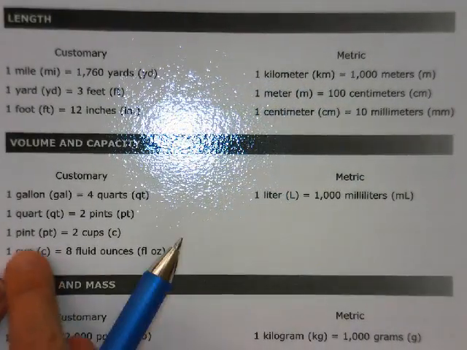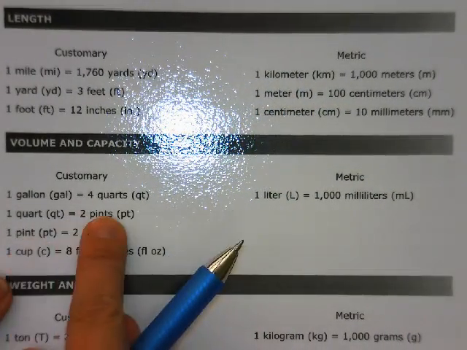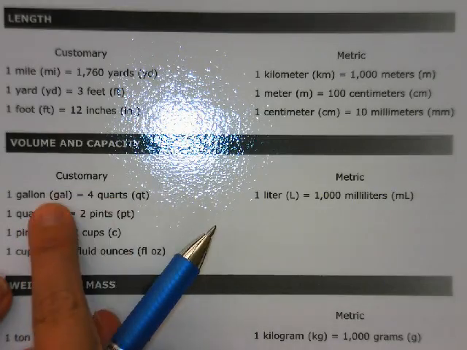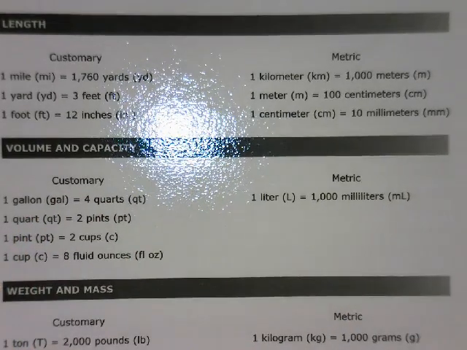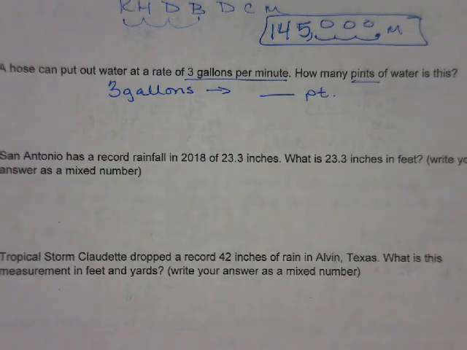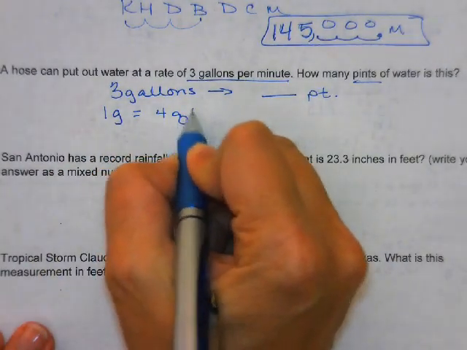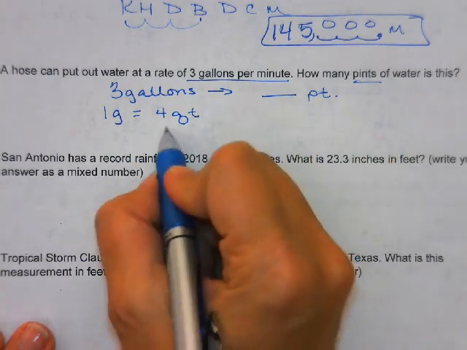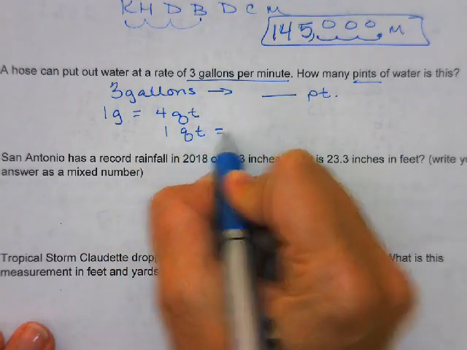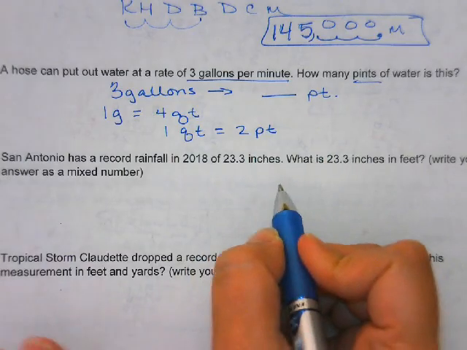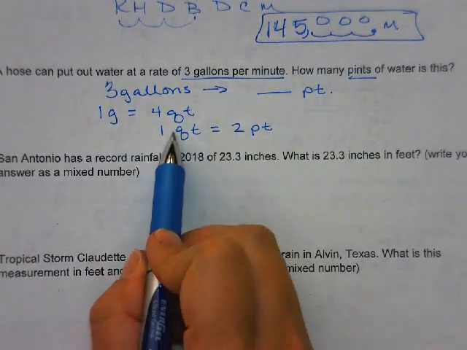There are 2 pints in a quart and there are 4 quarts in a gallon. So if I write that out, 1 gallon is 4 quarts, and I know that 1 quart is 2 pints.